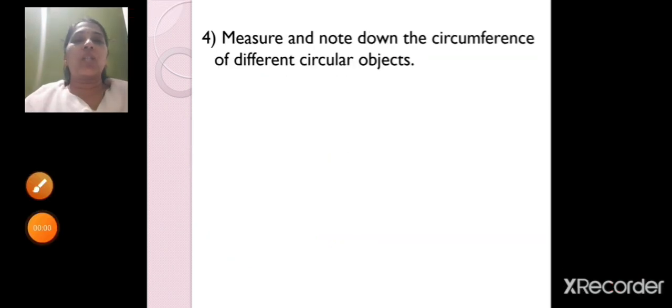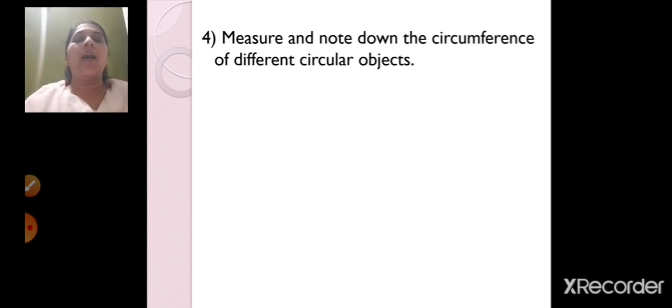So the next question is, measure and note down the circumference of different circular objects. This you are going to do yourself, children. You are going to take any circular object, and as I had shown you, you are going to take a thread and find the circumference of that object.